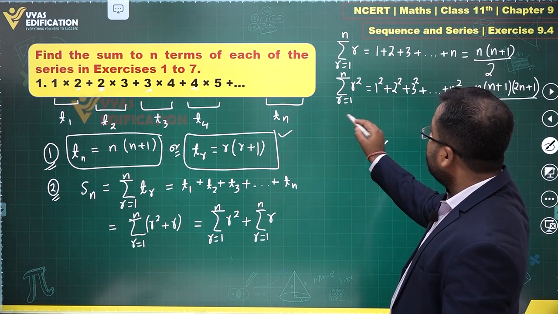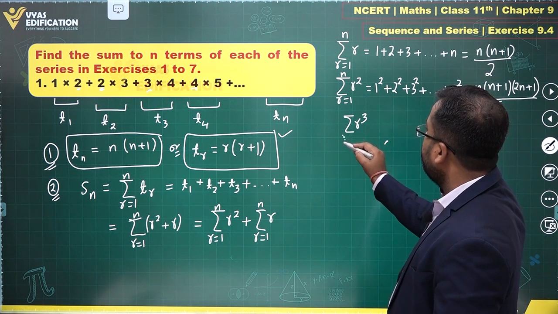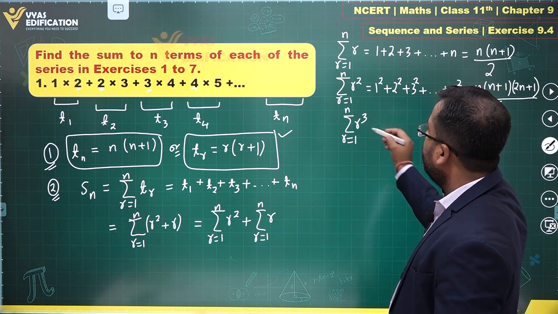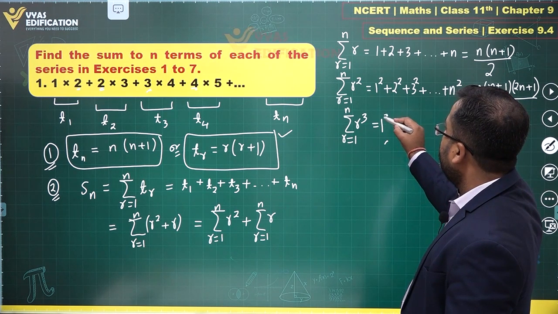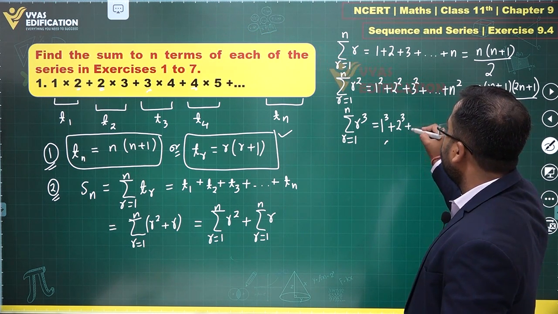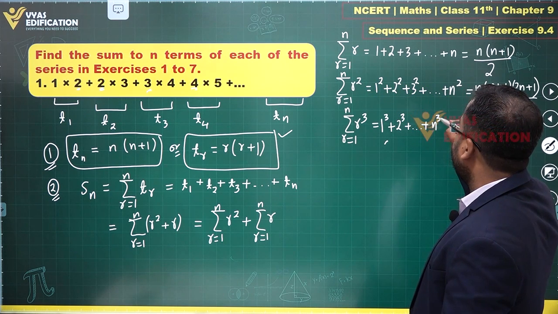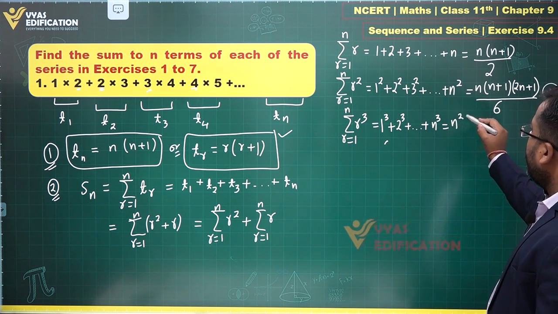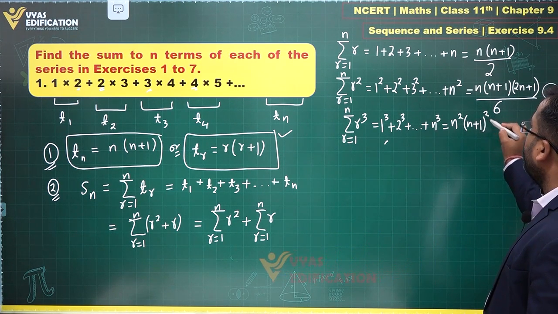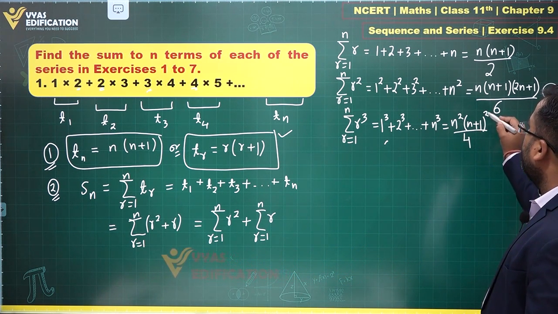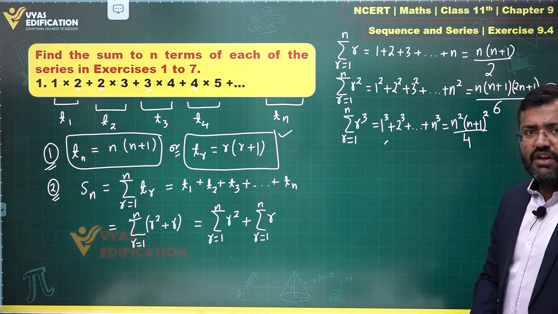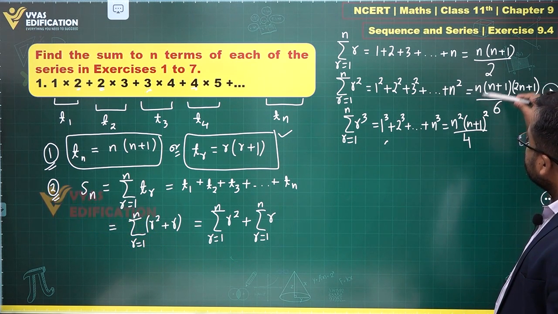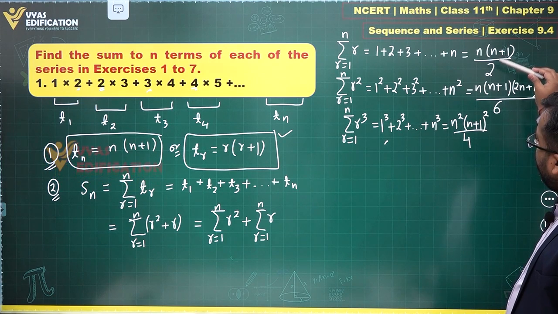And there's another standard summation, summation of r power 3, which goes from r is equal to 1 to n, and that is equivalent to 1 power 3 plus 2 power 3 plus similarly dot dot dot up till n power 3, and that is equal to n square, n plus 1 square upon 4. And if you observe carefully, this is exactly the same as the square of this.